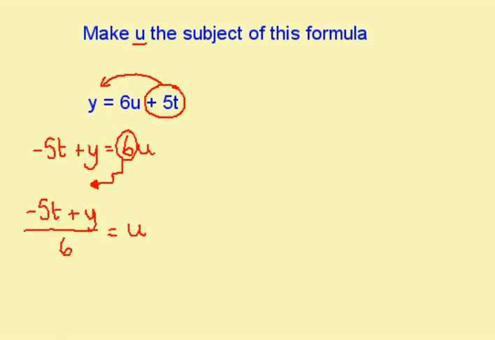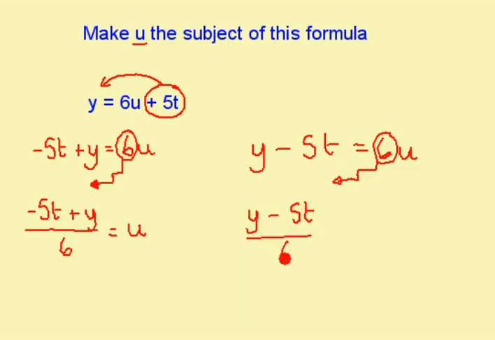And my question is now finished. On this question, you could put the plus 5t after the y, so that you have y minus 5t equals 6u. Then take the 6 down the escalator and have y minus 5t over 6 equals u. Again, this is the same answer as this, just presented in a slightly different way.